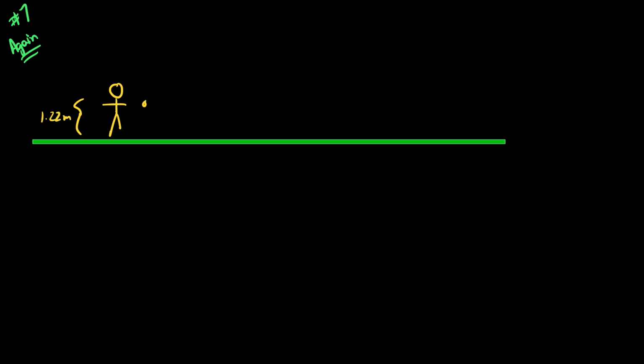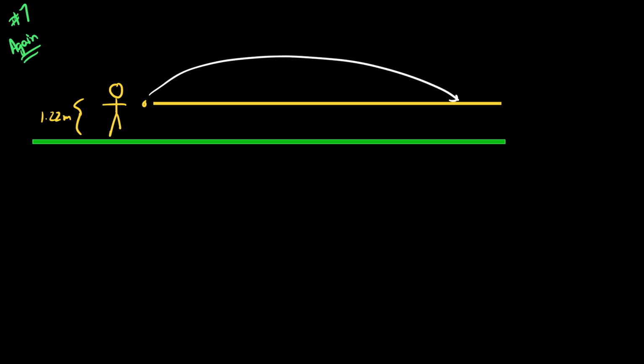If we draw a horizontal line from 1.22 meters along the ground, they tell me that the ball travels 107 meters before coming back to this very same height of 1.22 meters. That's just a setup in the problem so that you have enough information to figure out what the launch velocity is. But that's what they're telling us in this question.